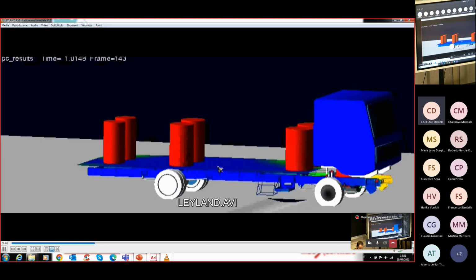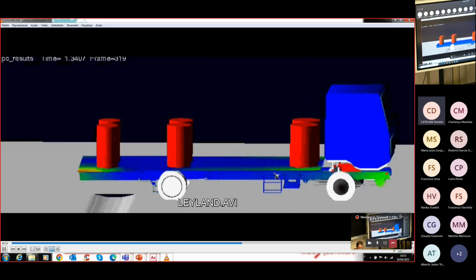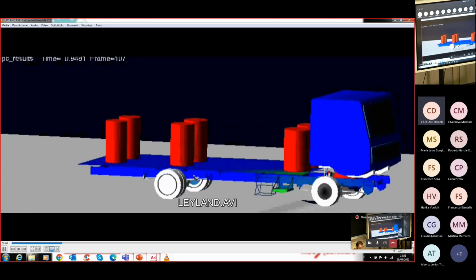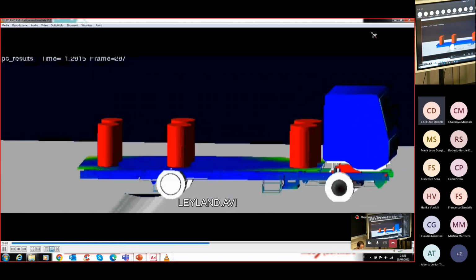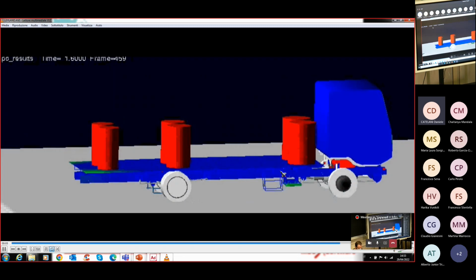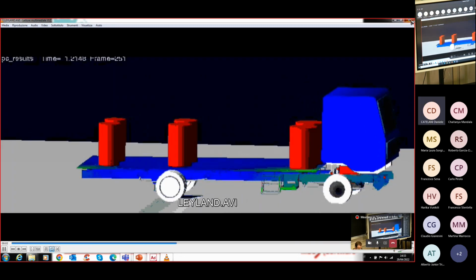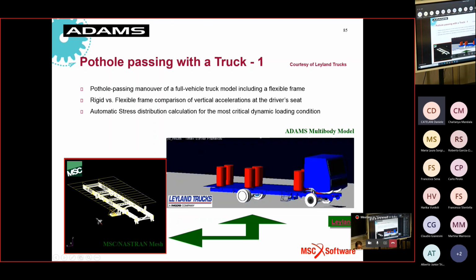So in order to optimize the structural content, you need to run many analyses using flexible body. This is something a truck company has been doing with Adams for many years, and they improve the quality of the structural flexible frame.